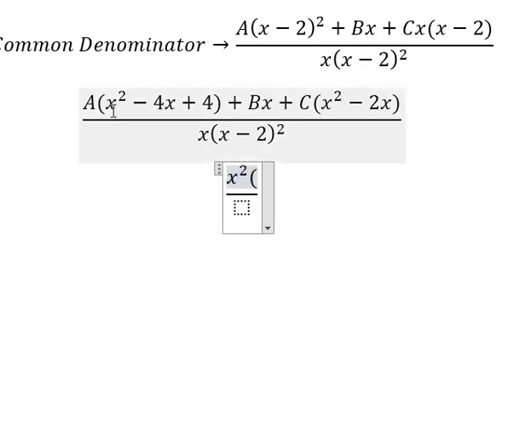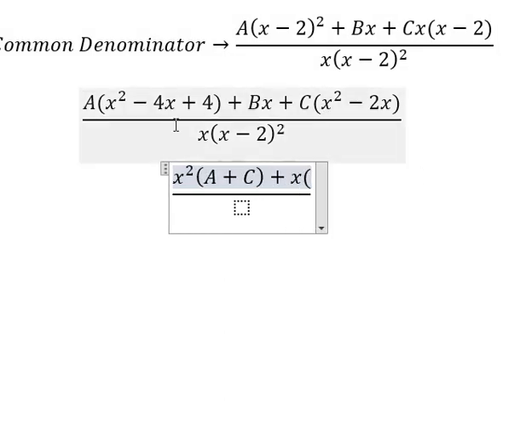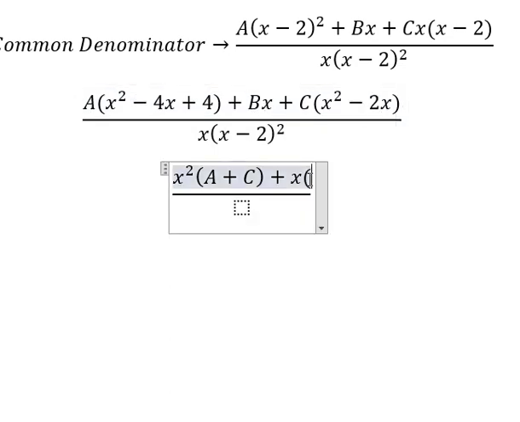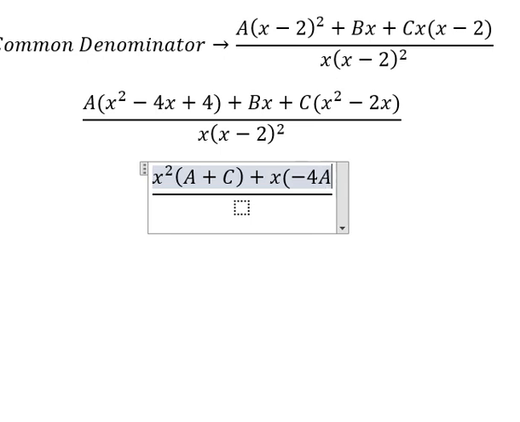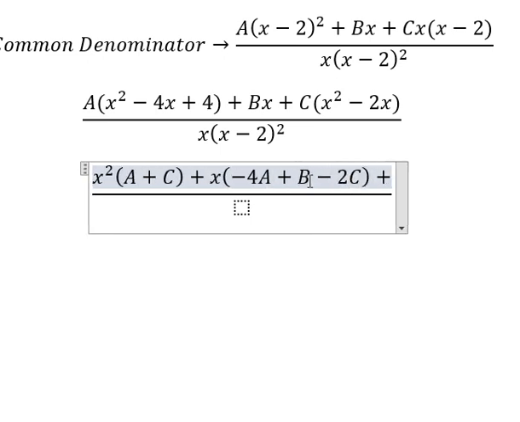About s squared, we have A and C. About s, we have negative 4 with A, B, and negative 2 with C. So we have negative 4A plus B minus 2C. About the numbers, we have 4A.